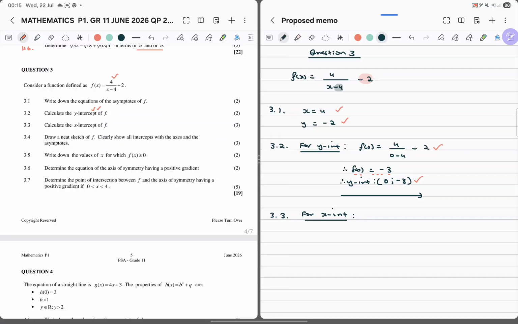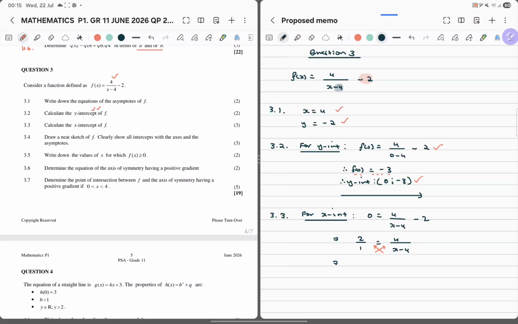Okay, all right. Now for the x-intercept, what knowest thou? 0 is equal to 4 over x minus 4 minus 2. Transpose the 2, it becomes 2 over 1 is equal to 4 divided by x minus 4. Cross multiply here. Please, you don't show this. Don't do this in the exam. Don't write these arrows.